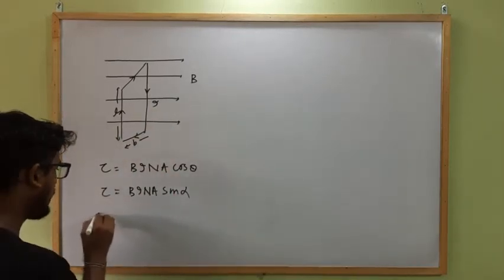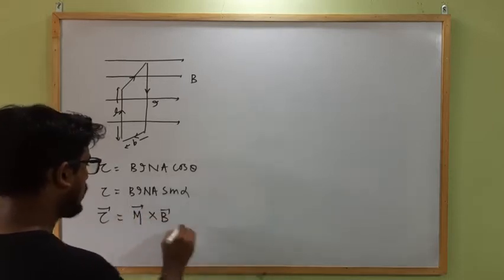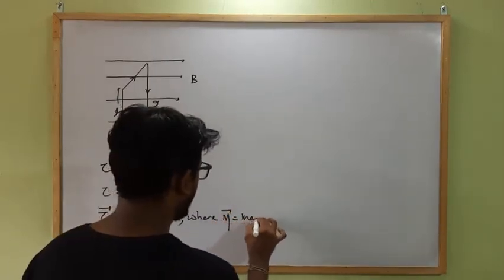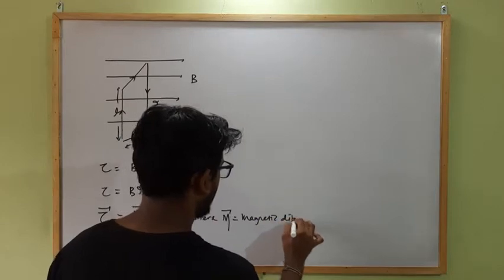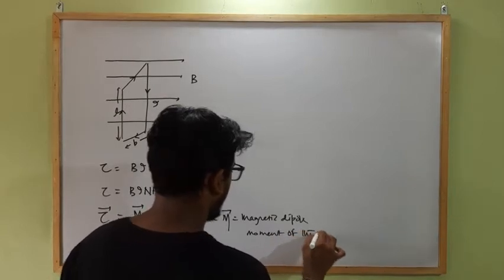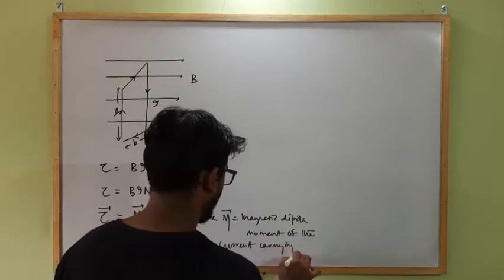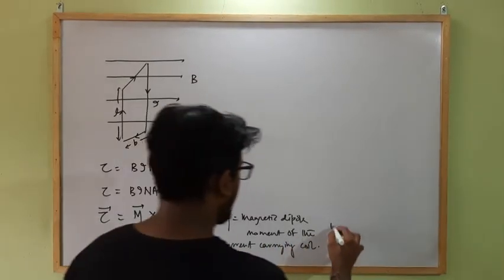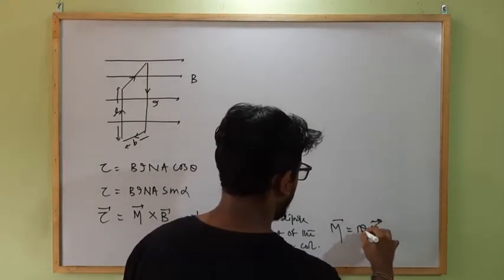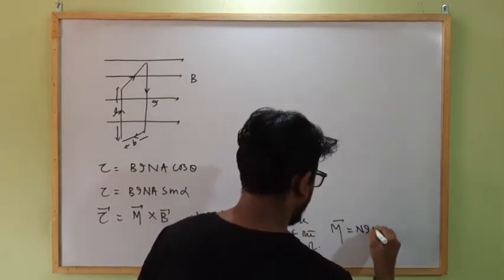This is a scalar form, and in vector form we can write tau equal to M vector cross B vector, where M vector is known as the magnetic dipole moment of the current carrying coil, which is given as M vector equal to N I A vector.